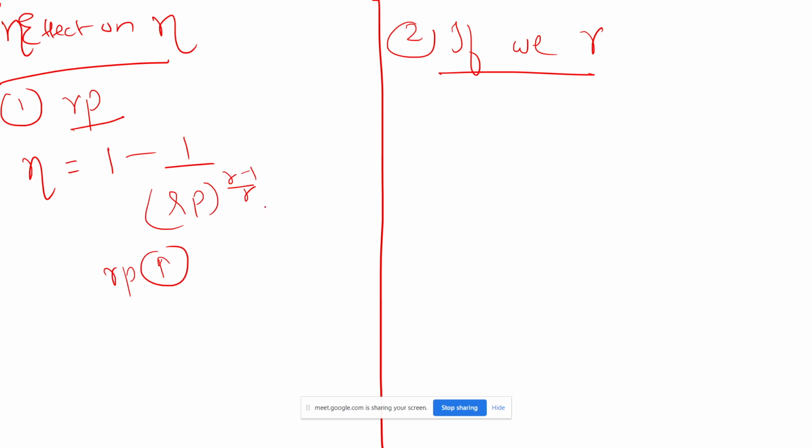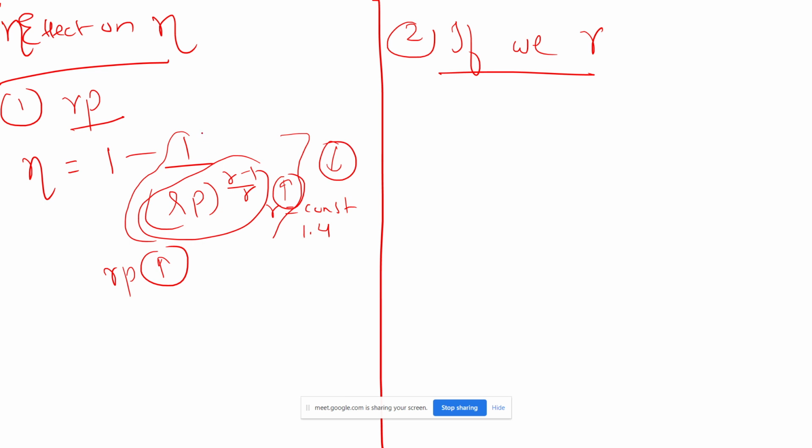If gamma is constant, that is 1.4, then if we are increasing the rp, this whole term will increase, and when this whole term increases, this term will decrease, since this is inversely related. So this whole term will decrease, and because of this efficiency will increase. And what will happen if we increase the gamma index?